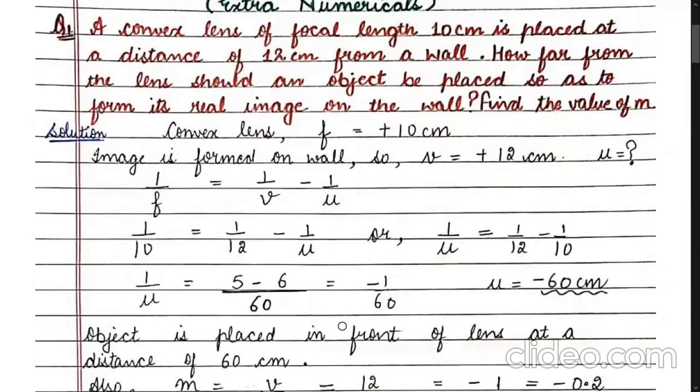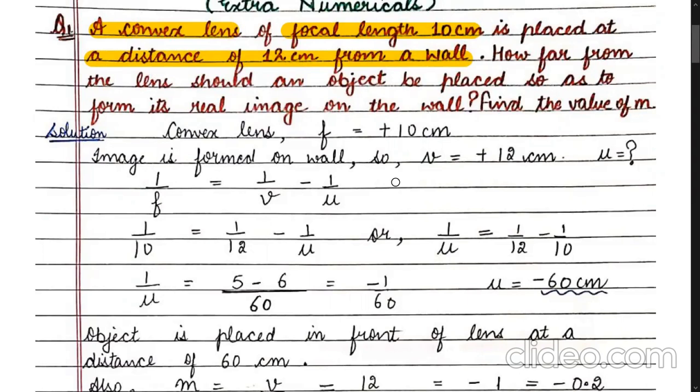According to the statement of the first numerical, it is given that a convex lens of focal length 10 centimeter is placed at a distance of 12 centimeter from a wall. Now we will be going one by one.